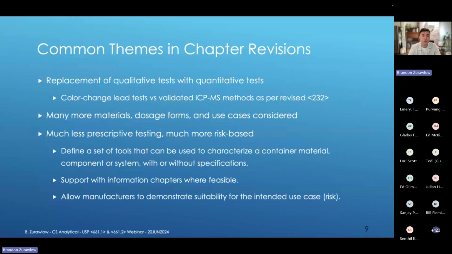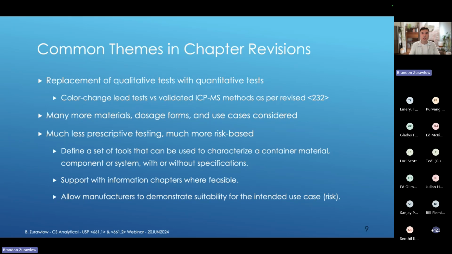However, one common trend in a lot of these chapter revisions is to provide much less prescriptive testing and provide the user the ability to make a much more risk-based decision, both with respect to the tests that they perform and oftentimes the acceptance criteria that are applied.